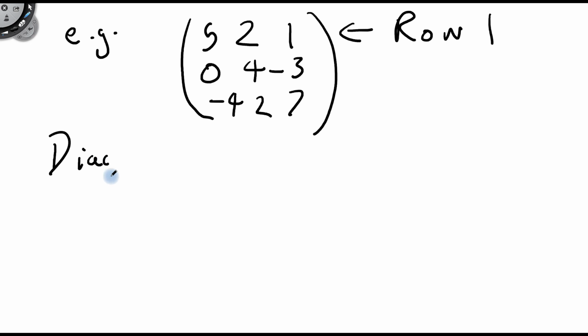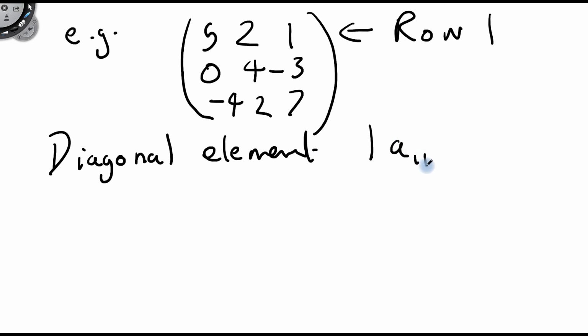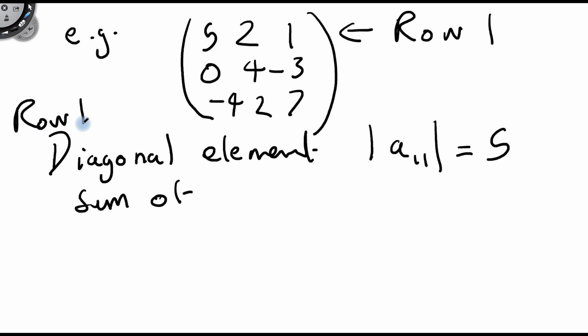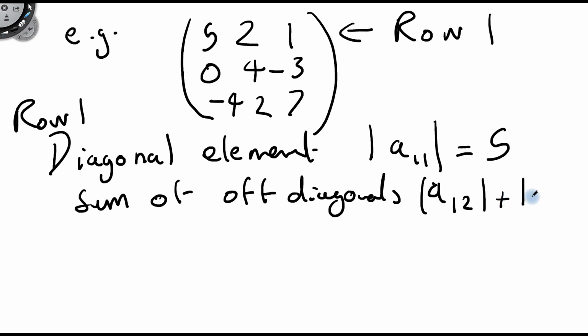The diagonal element, which is a_11, is 5. The sum of the off diagonals, absoluted, is a_12 plus a_13, which is 2 plus 1, which equals 3.